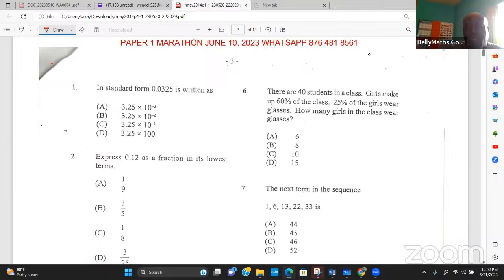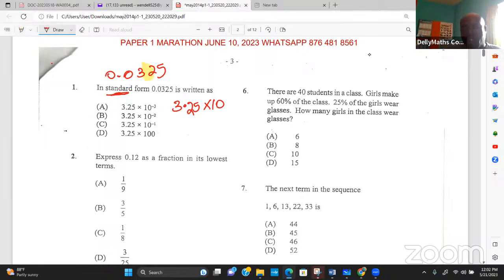Number one: 0.0325 in standard form is what? Some of these questions are very straightforward. In standard form, the decimal point comes after the first digit that is not a 0, so it's going to come between the 2 and the 3.